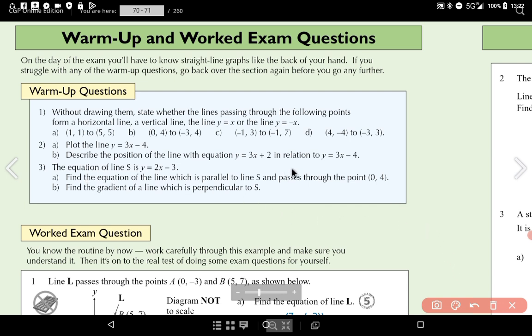So what we are saying here, our line is y = 2x minus 3, and it's passing through the point (0, 4).